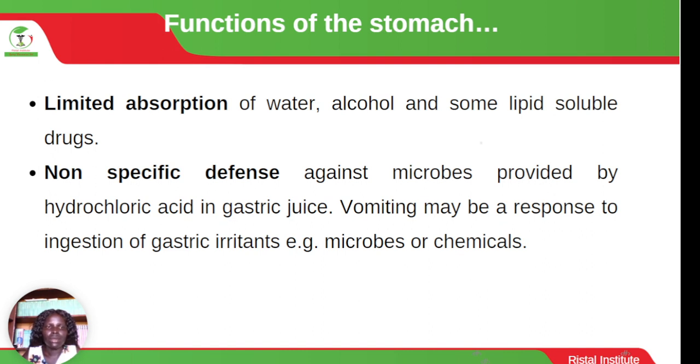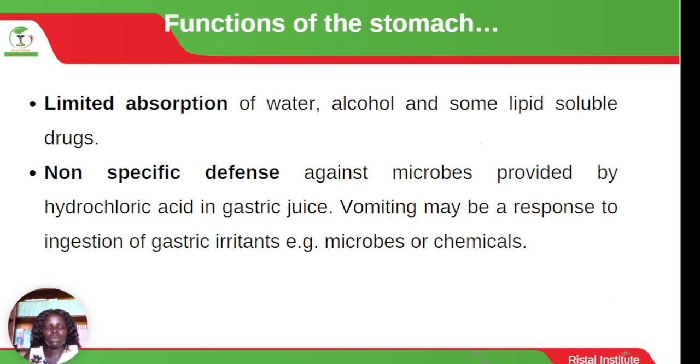So these can be absorbed, though much of the absorption of water takes place in the large intestine. The other function is non-specific defense against microbes provided by hydrochloric acid in the gastric juice.